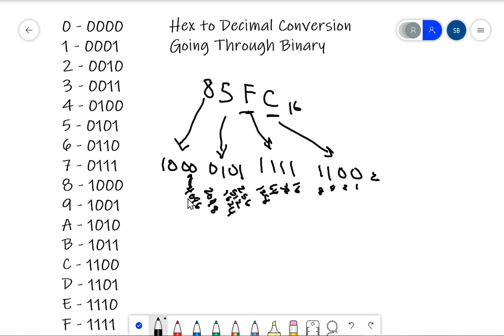And now things get a little tough for me, right? So let me take my calculator and do 4096 times 2. And I probably could have done that for memorization.